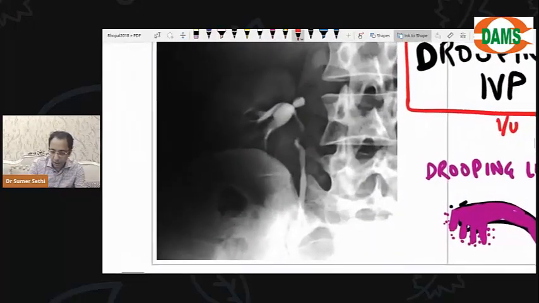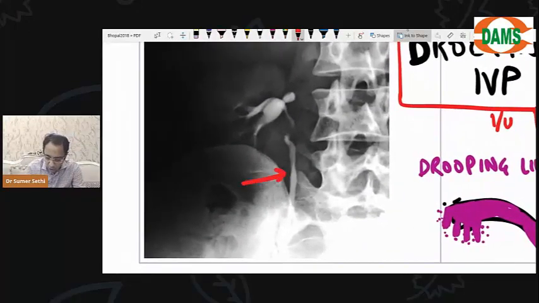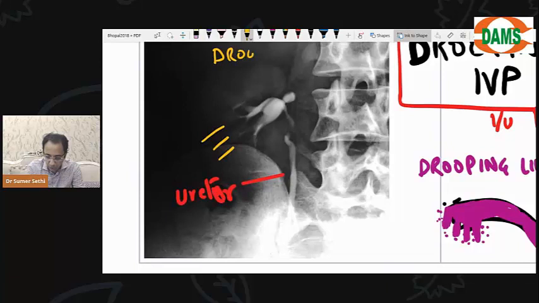Now please see an answer. This is your ureter, and these are your lower pole calyces giving rise to a drooping lily appearance. What is the cause? Duplication.